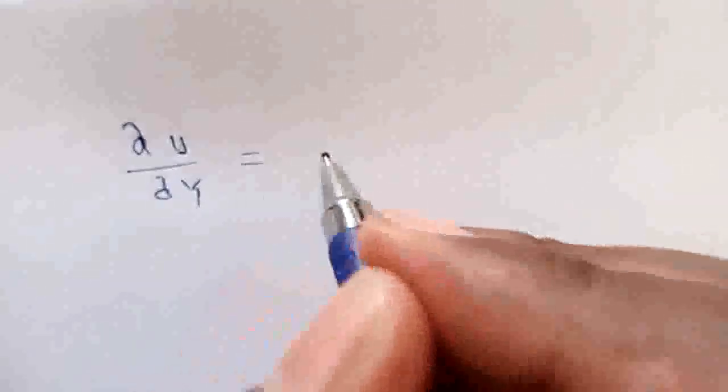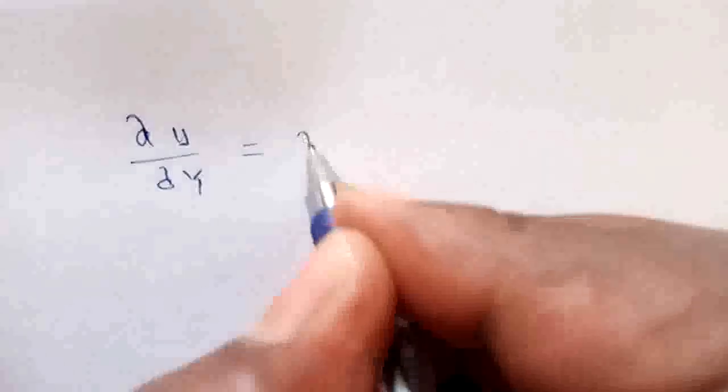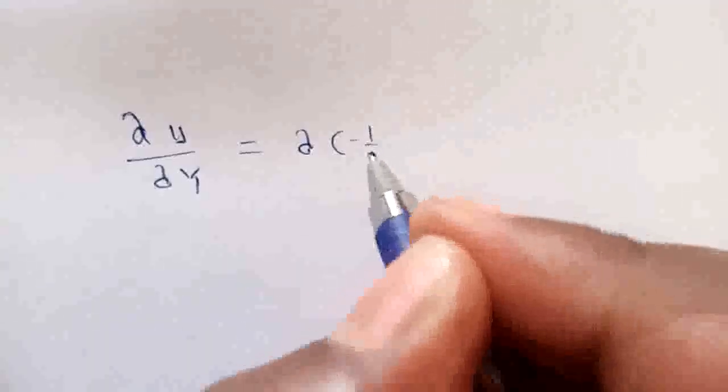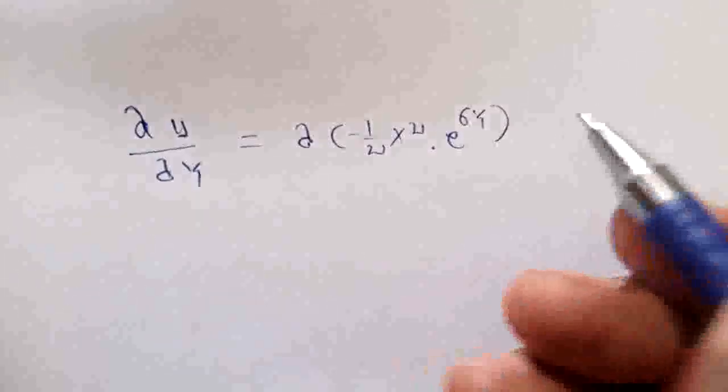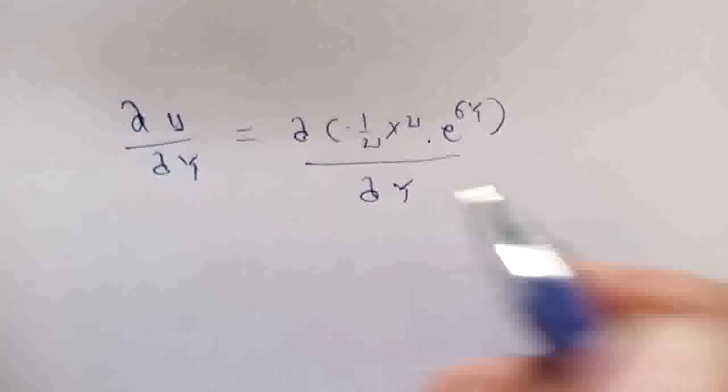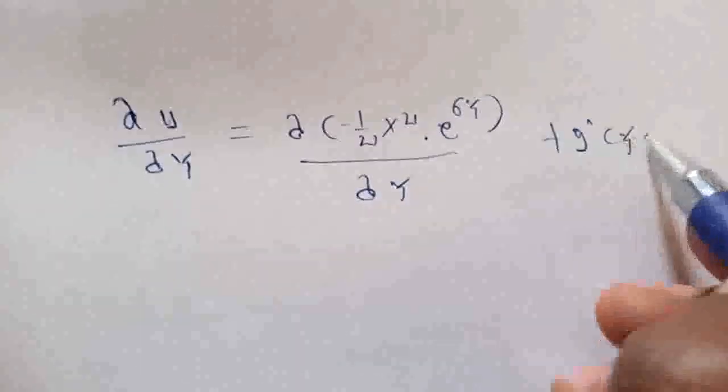So now what we have is the partial derivative of u with respect to y equal to the partial derivative of negative 1/2 x squared times e to the power of 6y with respect to y plus g prime of y.